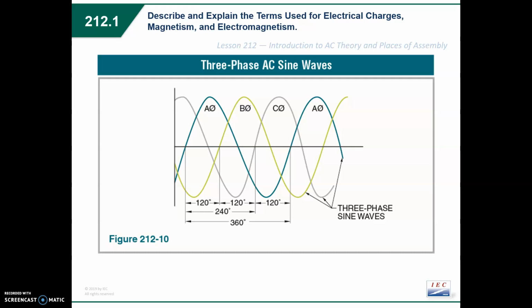So in a 3-phase system, we want them to be as far apart from the next one as they can be. Mathematically, that's going to be 120 degrees out of sync with one another. If we have a single phase system with only 2 hot legs, they'll be 180 degrees out of sync with one another. But that's what gives us different hot legs, different phases, because their sine waves are out of sync.